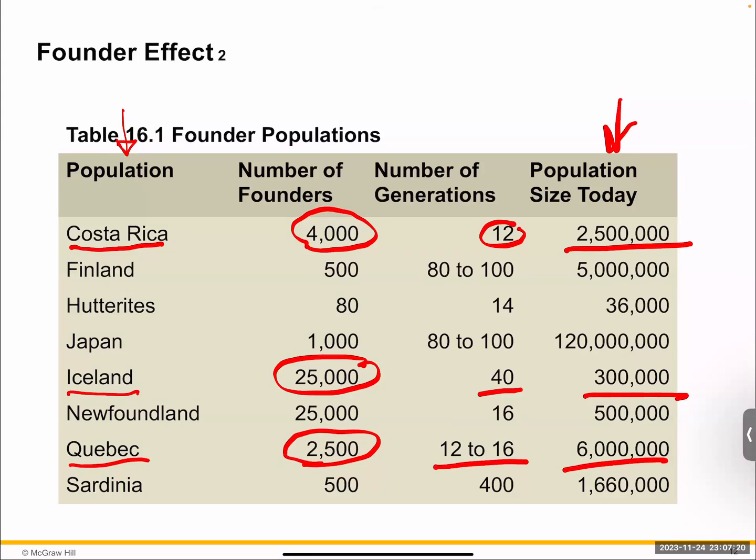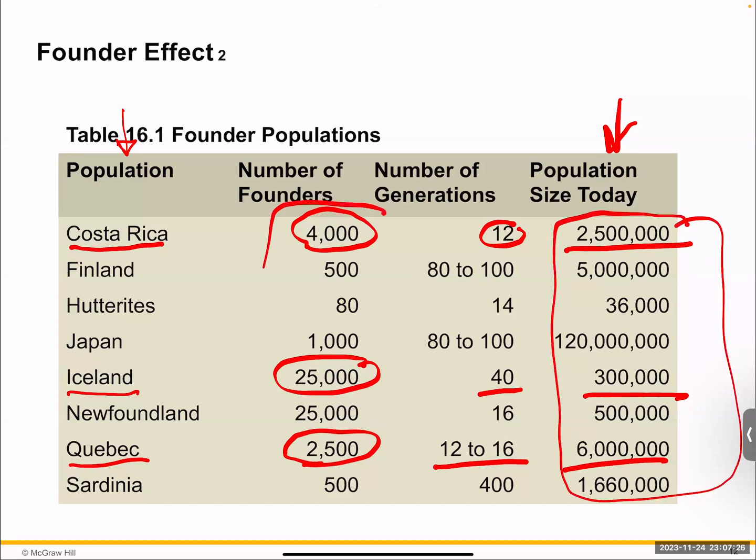Now, because the original genes for these numbers, this last column, come from only these people, as few as 80 people, guys, you have a very low number of allele frequencies compared to the original population depicted here, because you're taking a small sample of that population and taking their alleles to create the next generations to come.